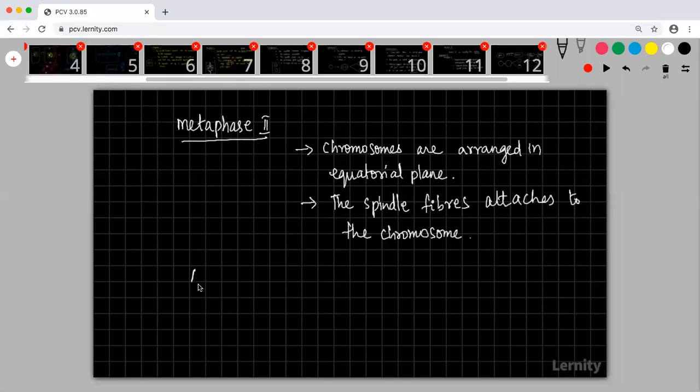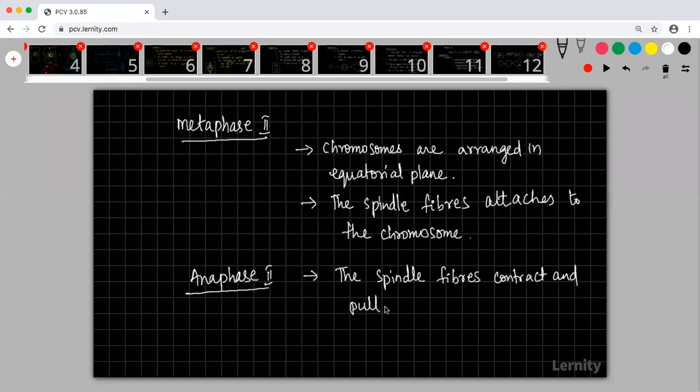And then what happens in anaphase? The spindle fibers contract and pull the chromosomes to the opposite side.